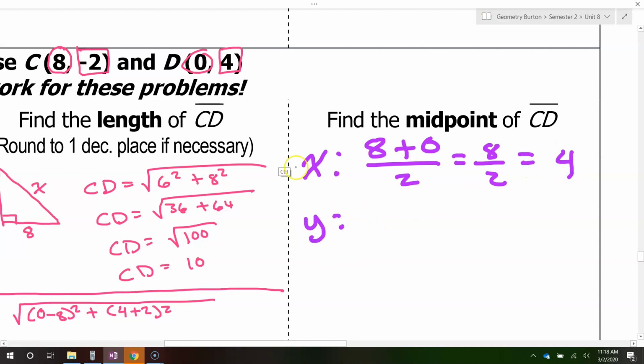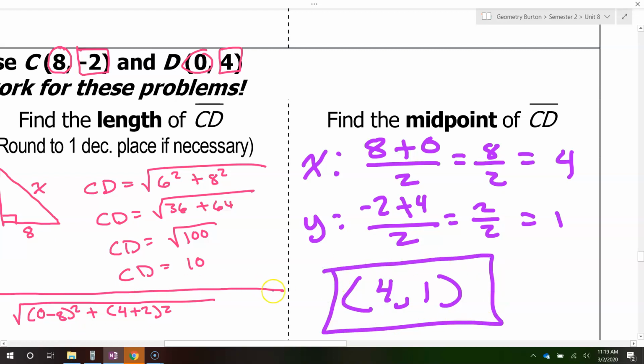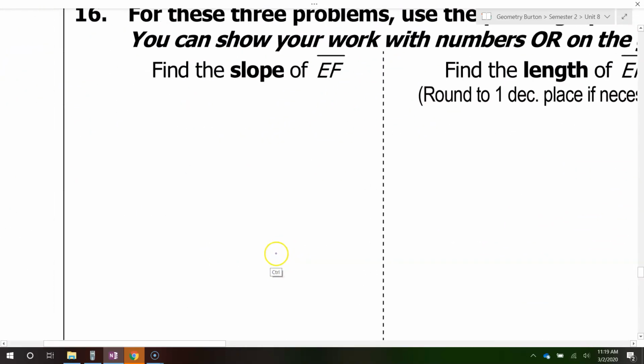And then the y values, that's negative 2 and 4. So I've got negative 2 plus 4 divided by 2. So that's going to be 2 divided by 2, which is 1. So the midpoint will be 4, comma 1.